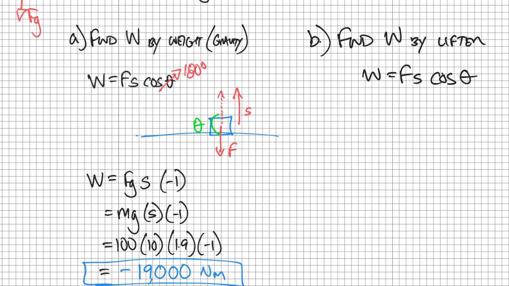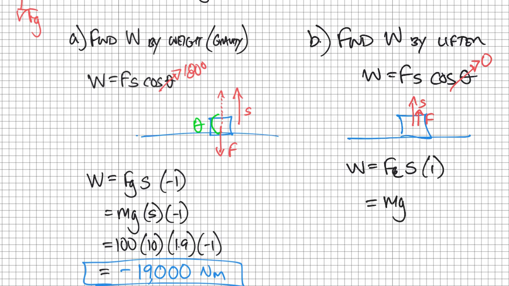Now in this case, if this is our box, we have a displacement up and we have a force up, and so my theta in this case is going to be 0 degrees, which is going to equal 1. So work then is just the force of the lift times the displacement times 1. The lift force is gravity, so it's just mass times gravity times my displacement, and that we can cut ahead to 19,000 Newton meters.